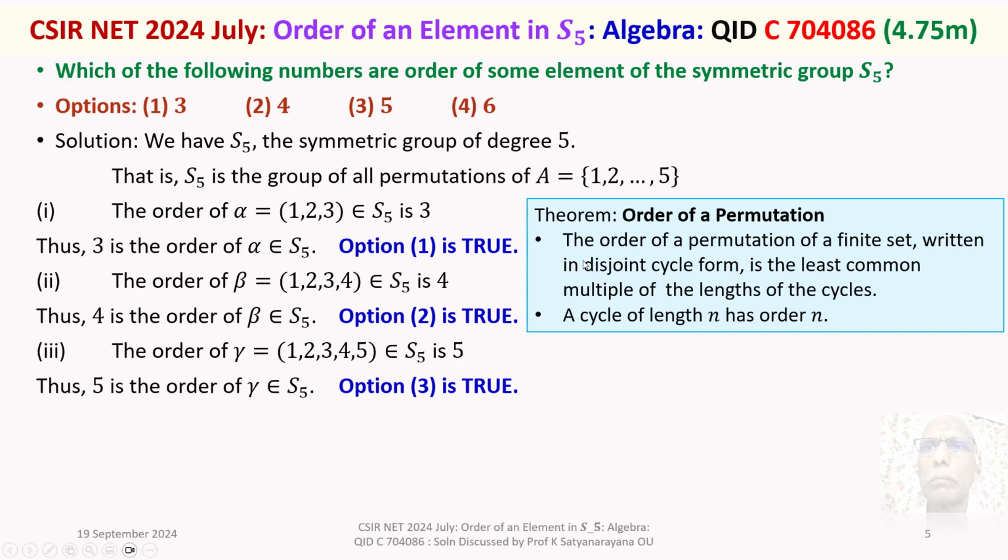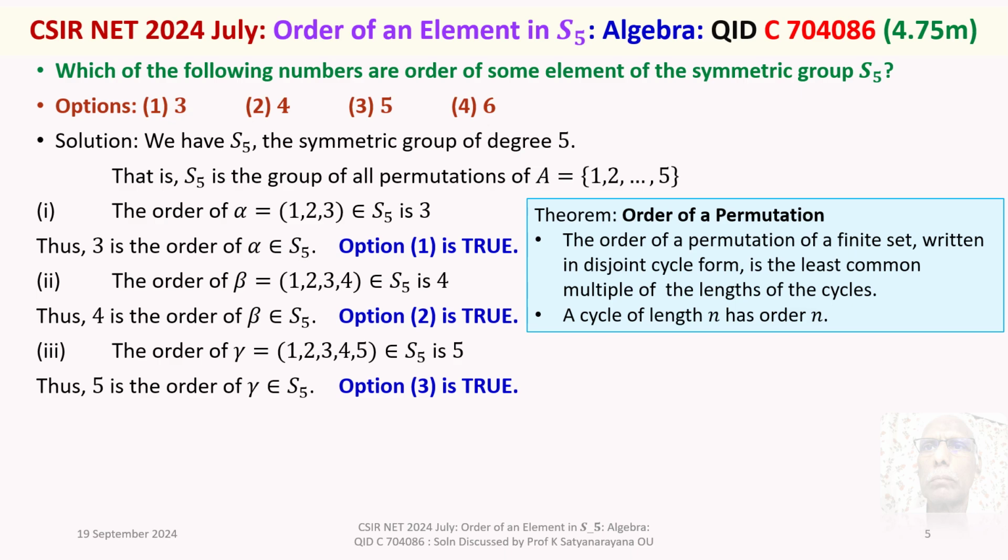The first cycle is of length 2, the second cycle is of length 3 and they must be disjoint. For example, delta is equal to (1 2) multiplied by (3 4 5). Then the order of delta will be the LCM of the lengths of the cycles.